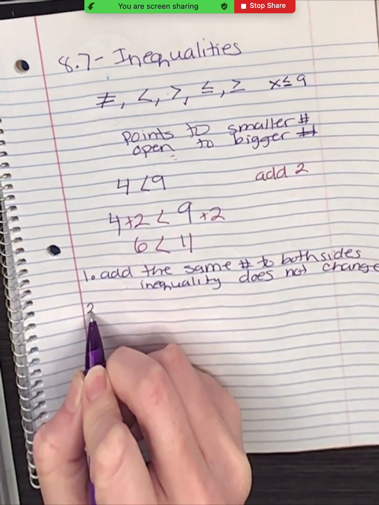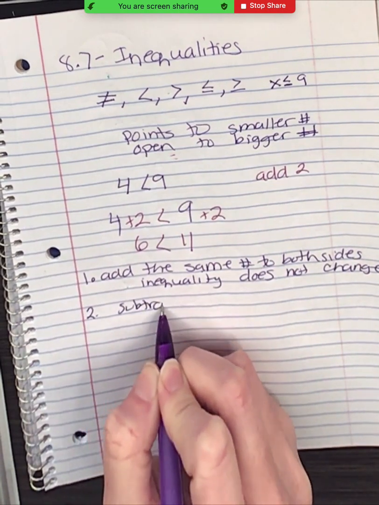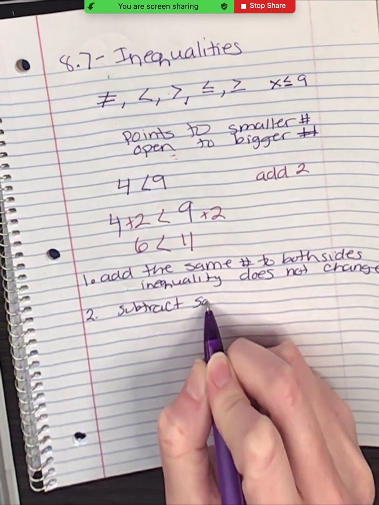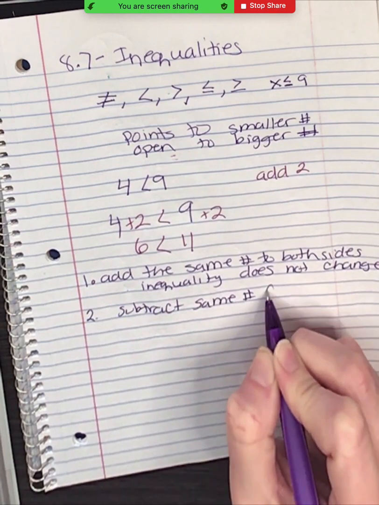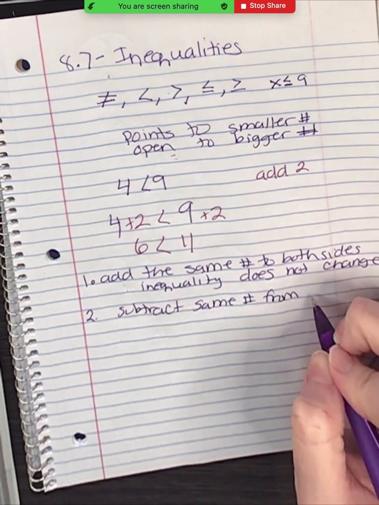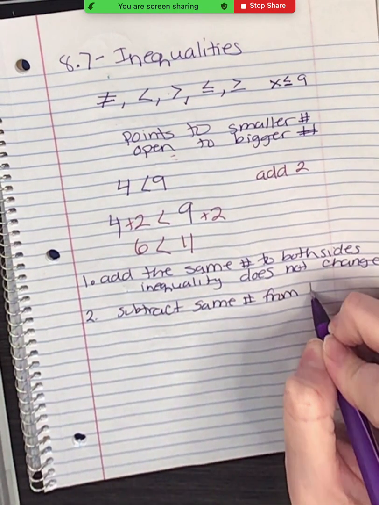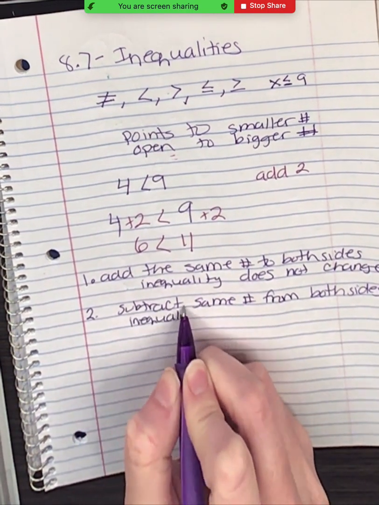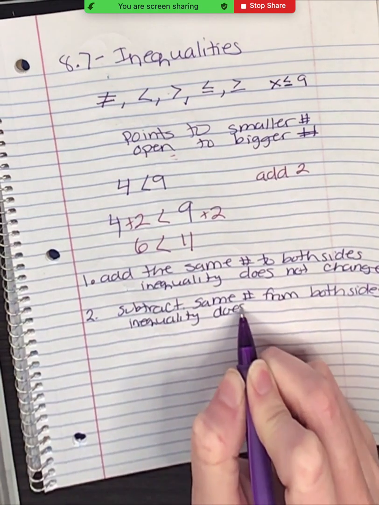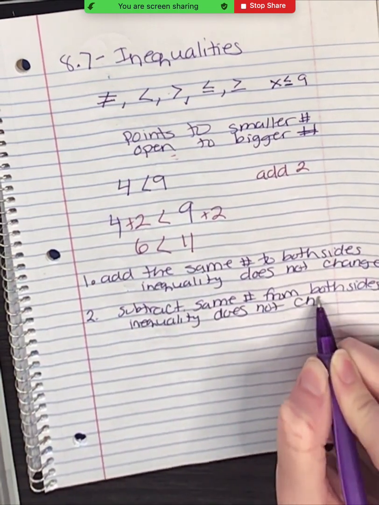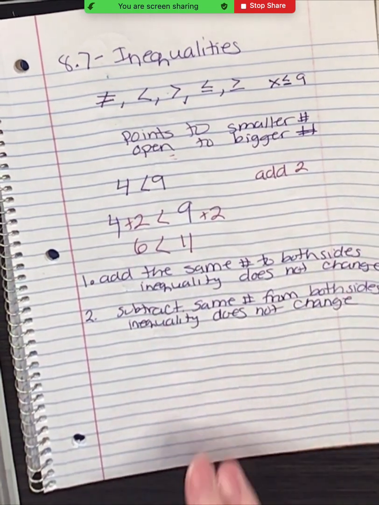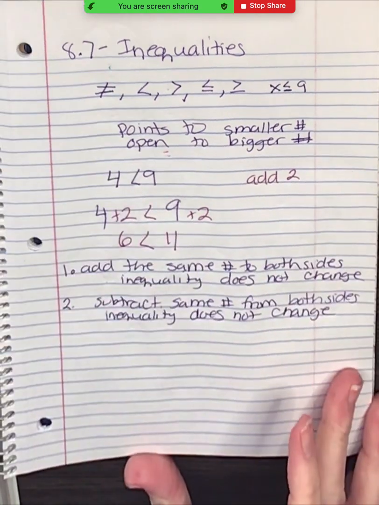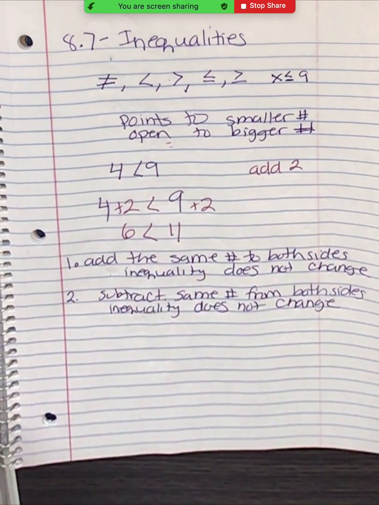I can subtract the same number from both sides, and your inequality does not change. Okay, multiplication and division are a little different, okay?